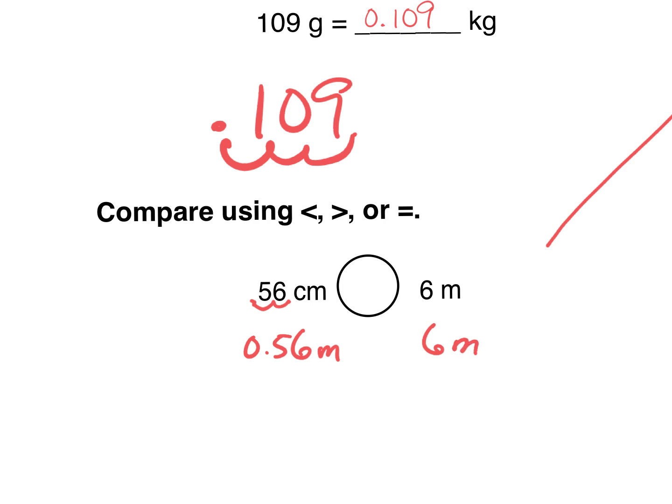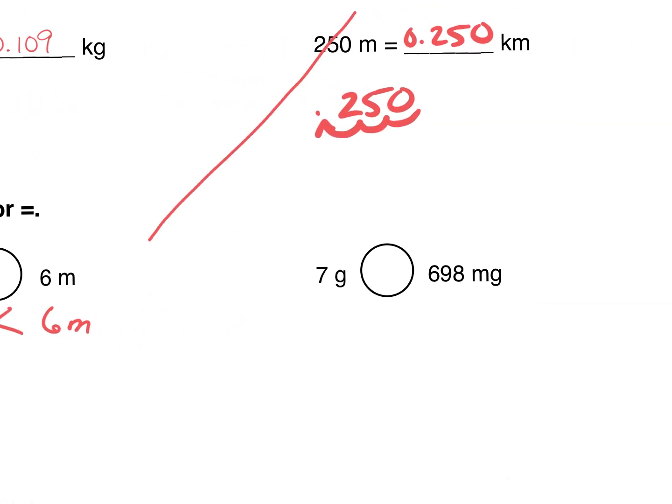I think it's obvious that a half a meter is going to be way less than 6 meters. Okay? You have to convert in order to know which is greater or equal to the other one, or just to see how they relate. So let's take a look at this one. Let's convert one side to the same unit as the other side.